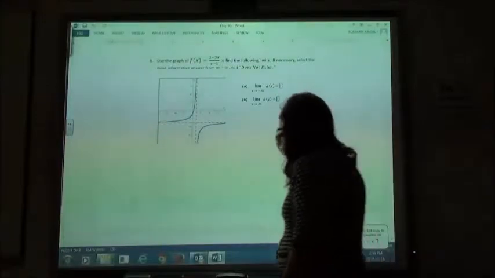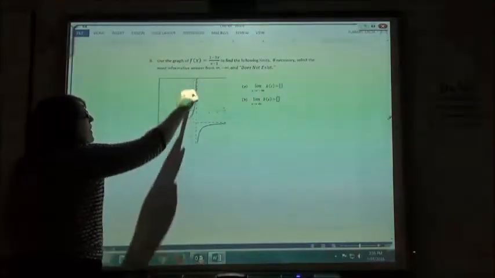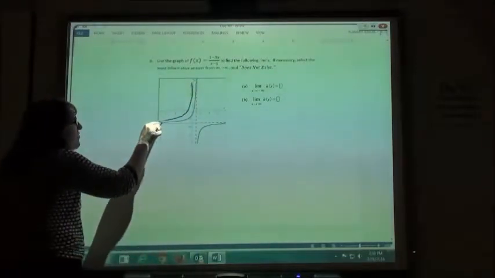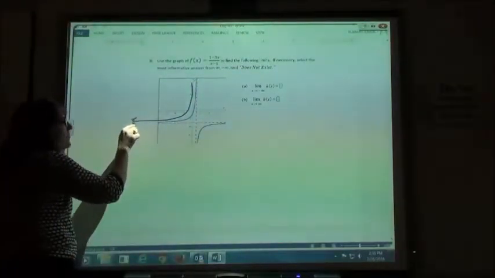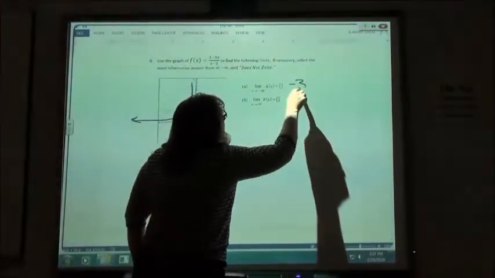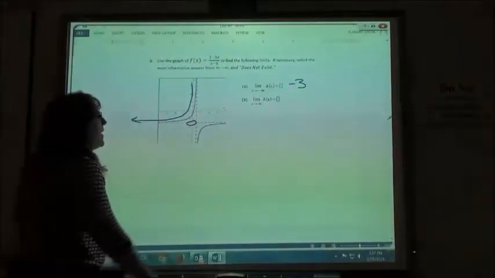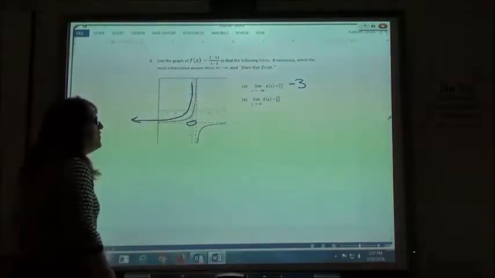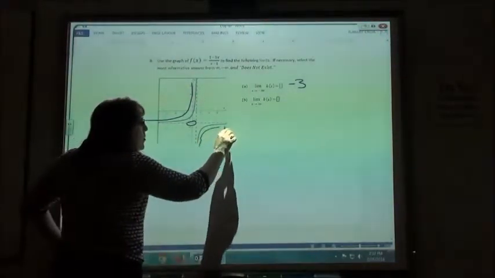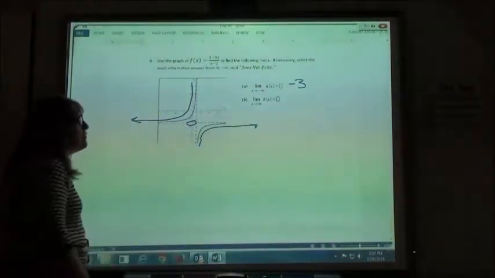Number 8, I am looking at my function as x approaches negative infinity. So as I approach negative infinity, this graph levels off and it approaches negative 3. Here, as x approaches positive infinity, I keep going this way, and again, you can see the graph levels off.